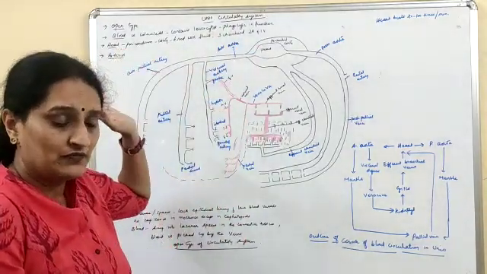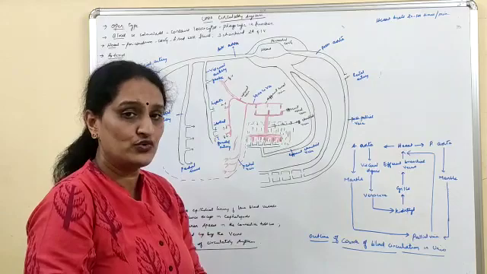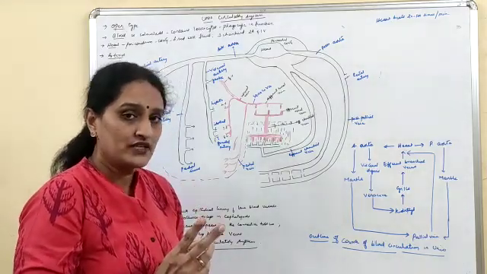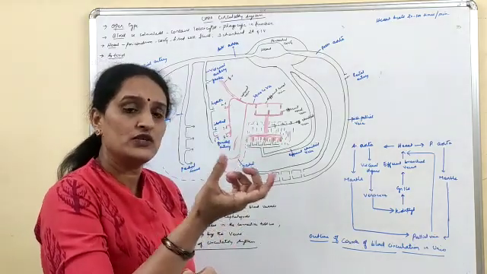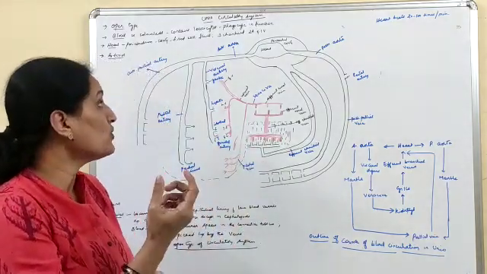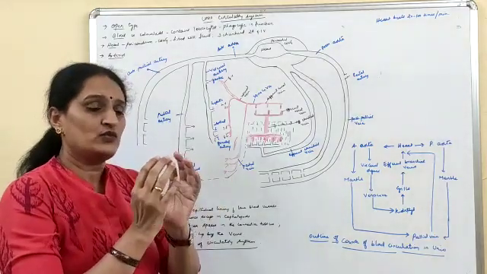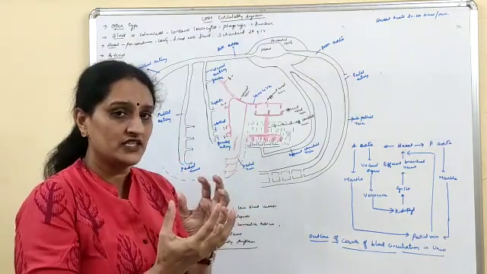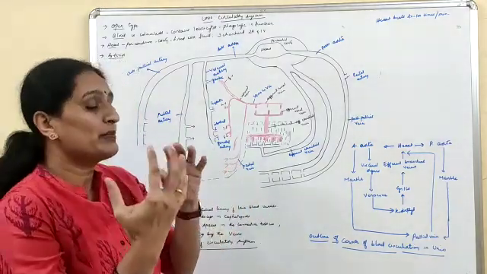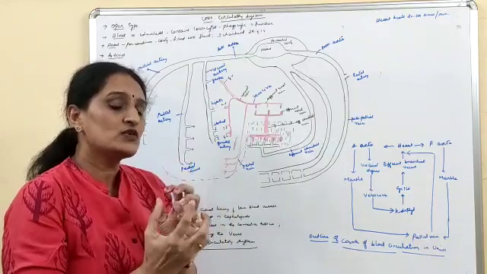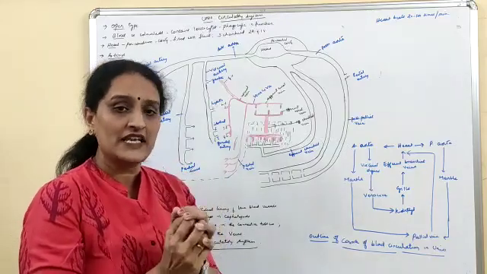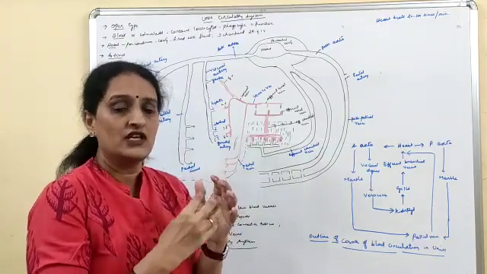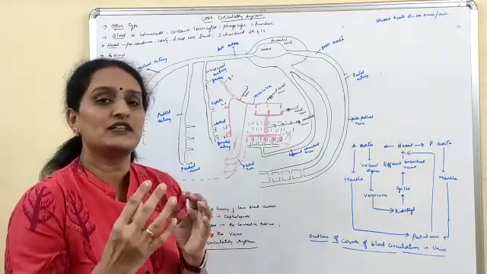Coming to the heart. Now, the heart in the case of Unio is three-chambered, meaning it contains two auricles, which in turn are connected to a ventricle. Now this heart is covered by a pericardium, which in turn encloses a cavity called the pericardial cavity, and inside this cavity you find a fluid, which we call the pericardial fluid.